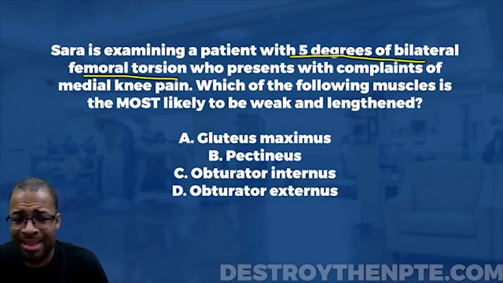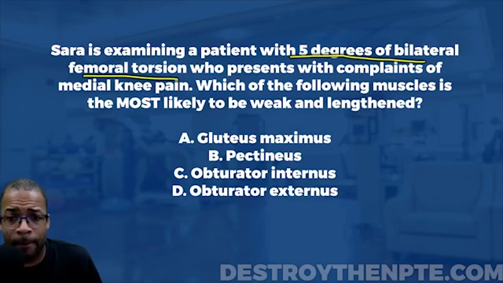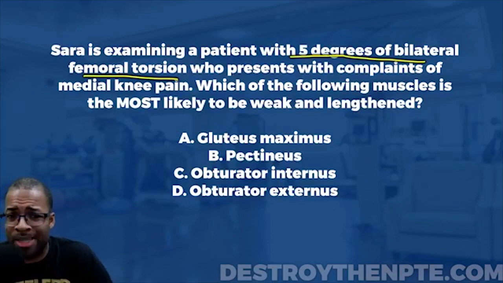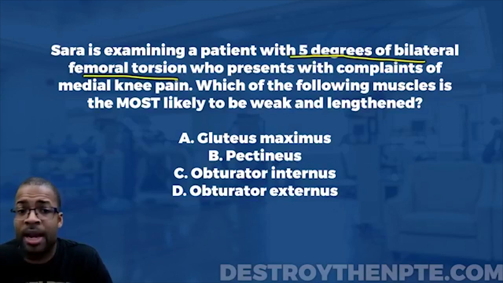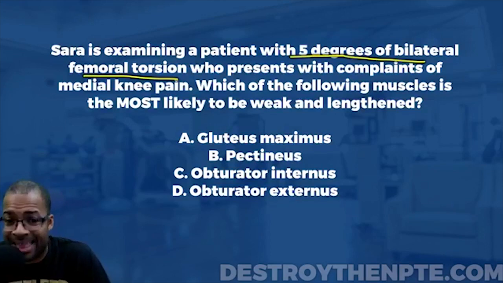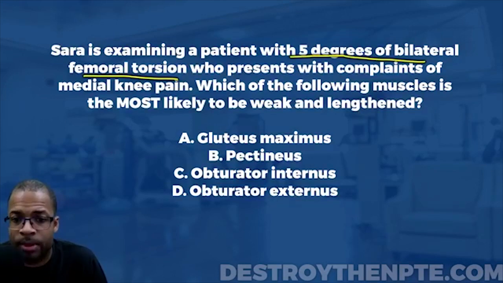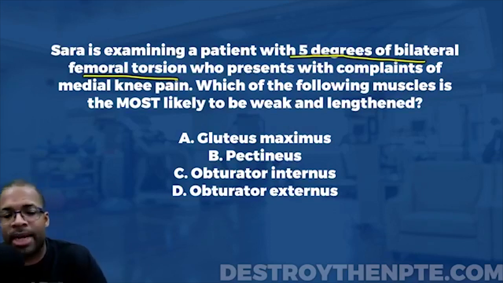So to me, that means that all my external rotators must be what? All right, slow up for a minute. All my external rotators must be tight, right? And all my internal rotators of the hip must be lengthened. That's what that means to me because this person's in retroversion. Cool. So now we can start looking at our answer choices.